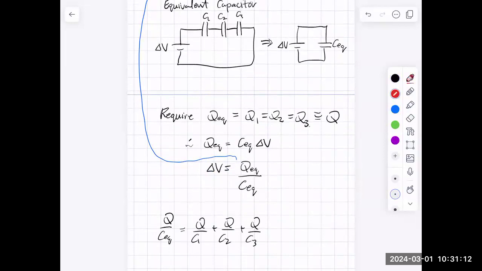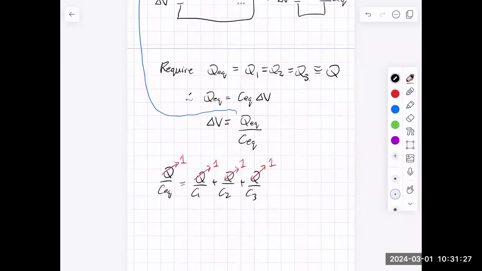Every single term in this expression has the same factor of Q, and so we could cancel that out. I guess we'd be left with a bunch of factors of 1, right? So these all become 1 when we divide out the Q.